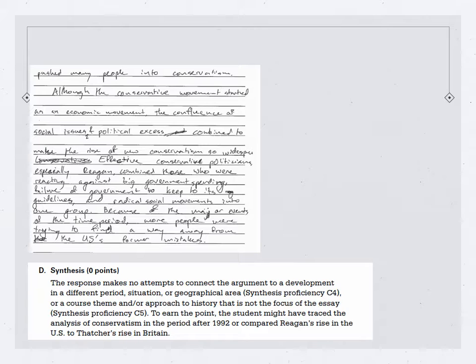Could have talked about the prohibition movement and the conservatism inherent in that movement, and to talk about how periodically in American history we have these returns to these traditional ideals that are connected to morality and religion.